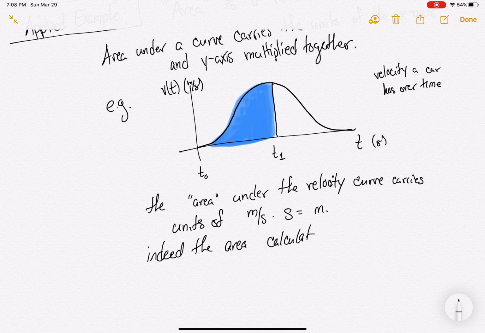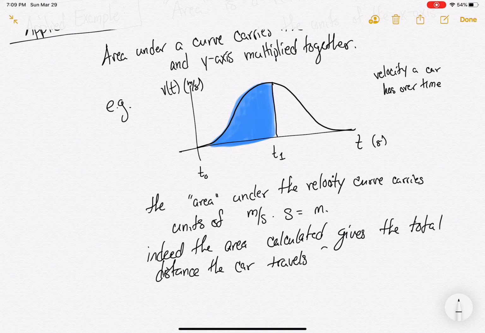And indeed the area calculated gives the total position, the total distance the car travels from T0 to T1.